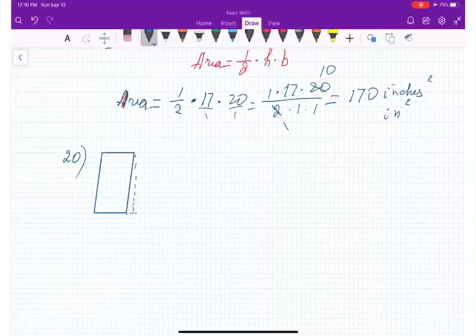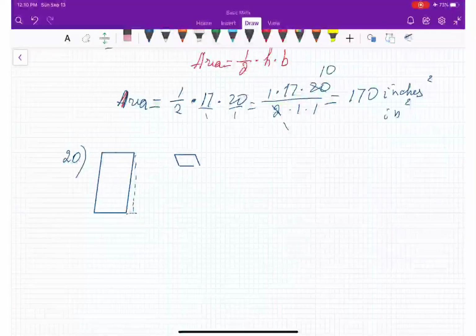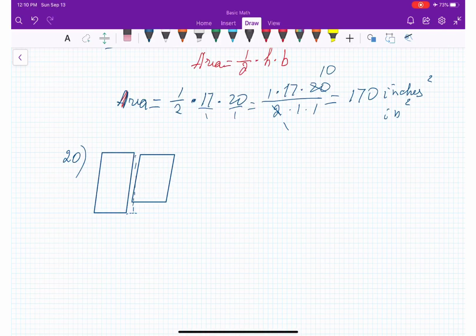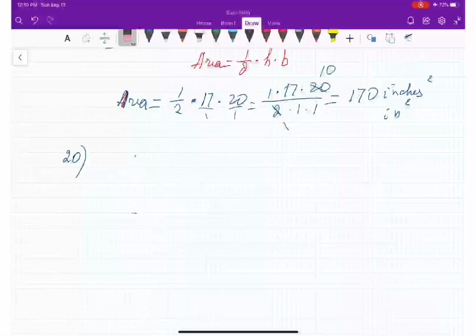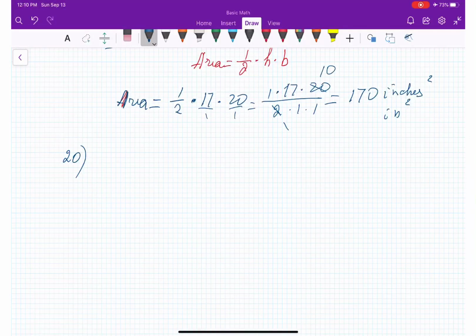Let me see if I can do it better. I need more rectangle. Going to do by hand. Maybe I will do better by hand. Okay.